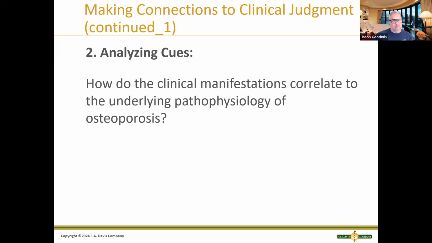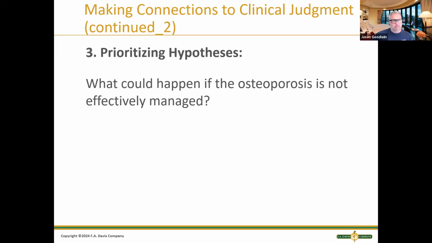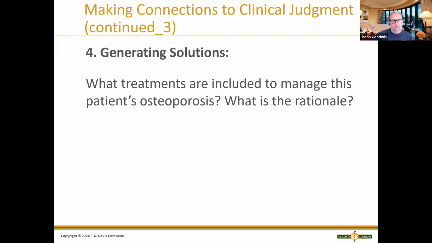Decreased bone mineral density, which is causing changes in her kyphosis and skeletal structure, would be what I would say for that. What could happen if osteoporosis is not effectively managed? Well, she's going to be at a greater risk for falls and fractures, and those things at her age can be life-threatening or can facilitate the end of life.